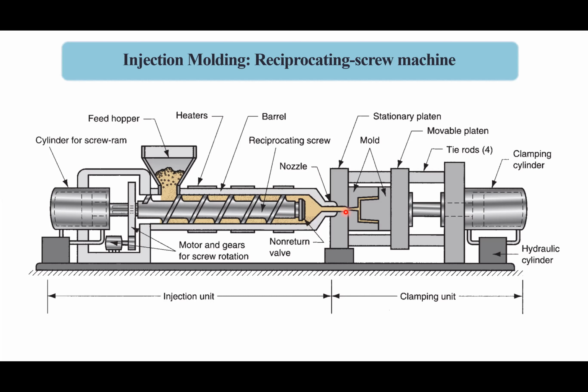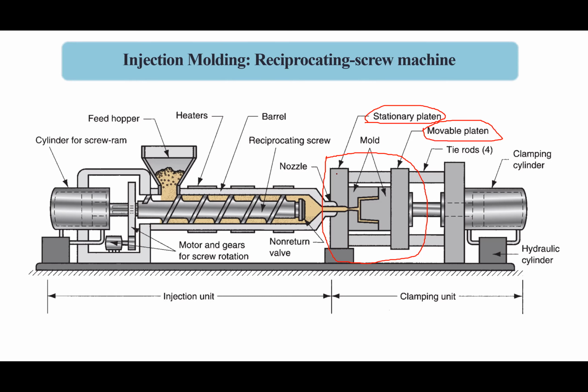And after that, we have the mold. This whole thing, from here to here, is called the mold. The mold contains two plates. One is the stationary platen, and the other is the movable platen.